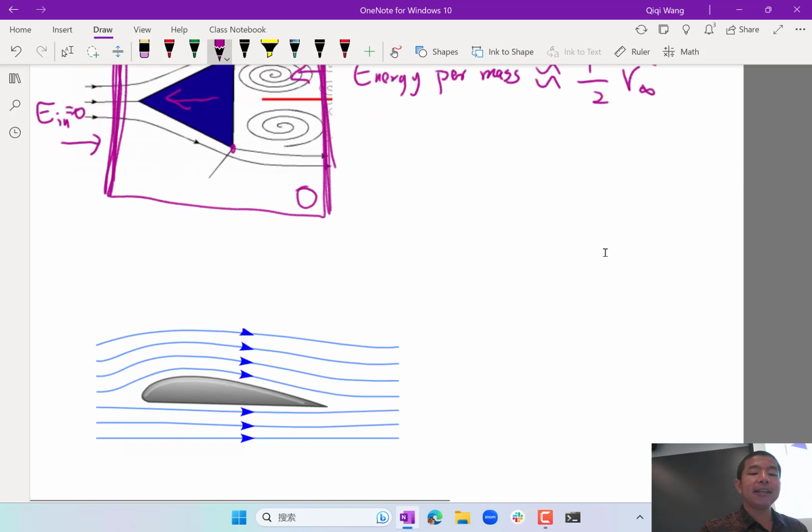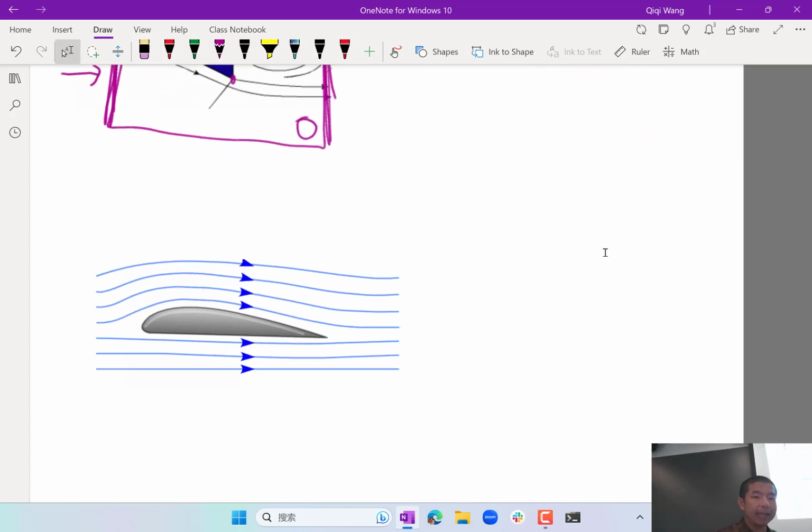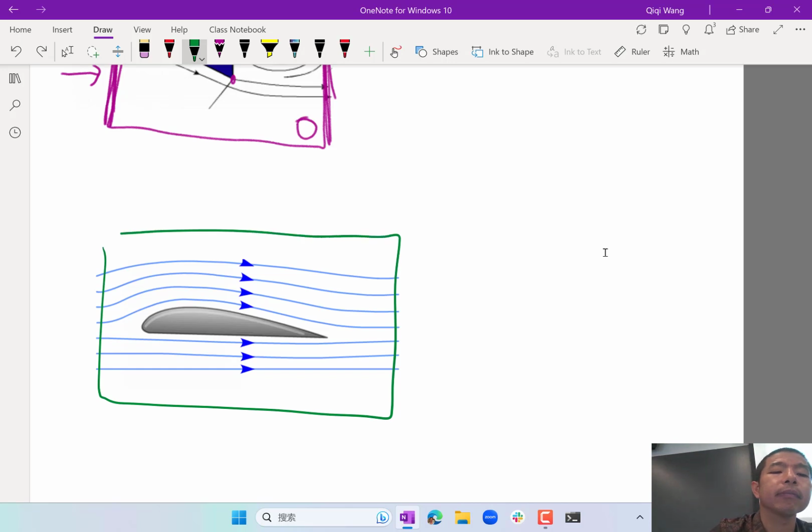Now let's look at lift. Again, let's draw a control volume. Okay, and in particular, let's look at an airfoil of infinite span.